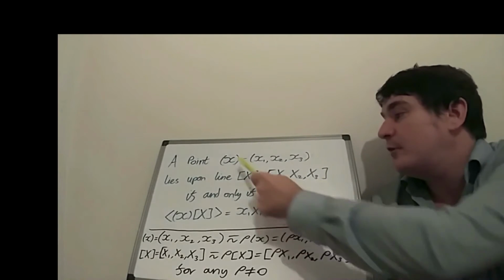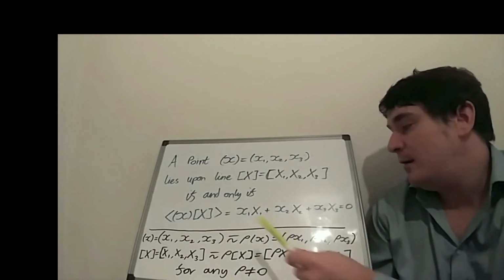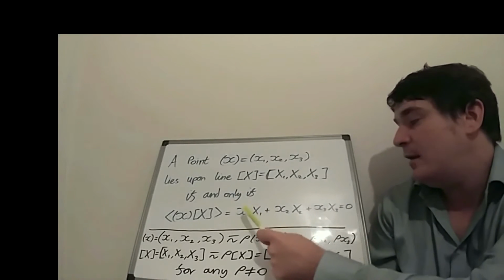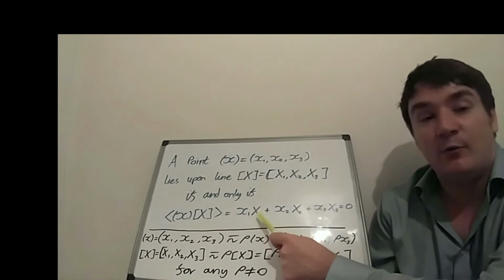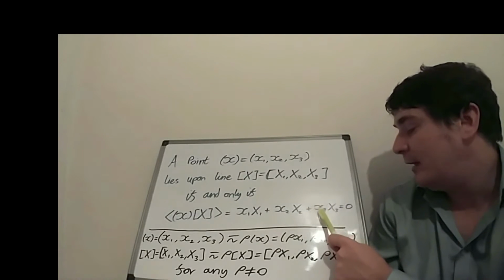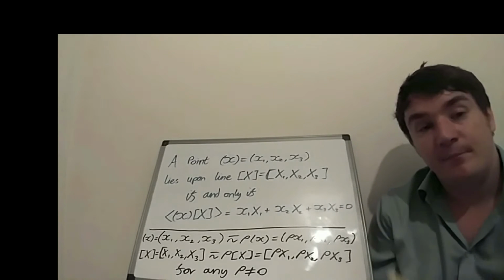But the condition for a point to be on a line is when this is 0. So when little x1 times big X1 plus little x2 times big X2 plus little x3 times big X3 is equal to 0.